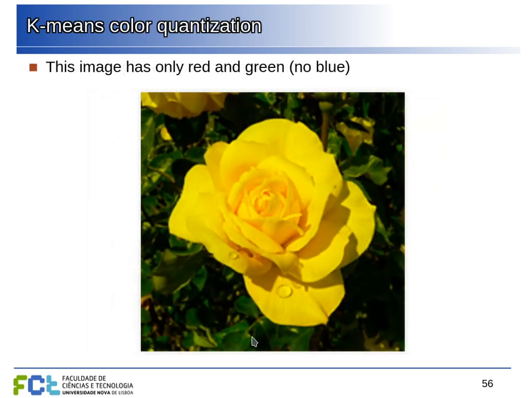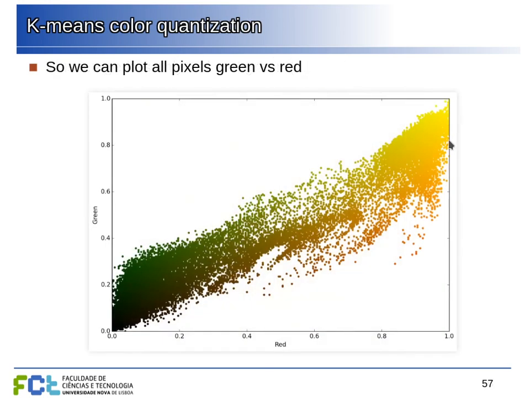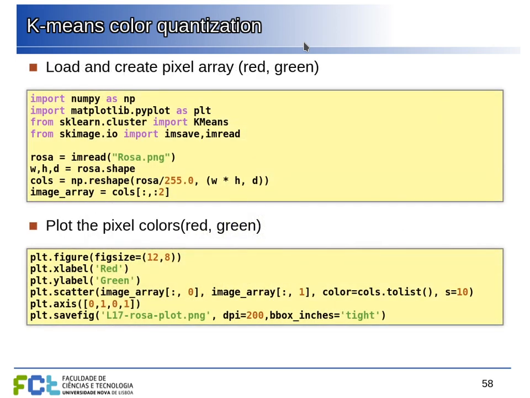You can see there are some greens, some blacks, some yellows, and so on, and these are all represented here. So if we want to find a smaller set of colors that are representative of this range of pixel values, we can try to do clustering here and find the representatives of this distribution. And we can do that with k-means.